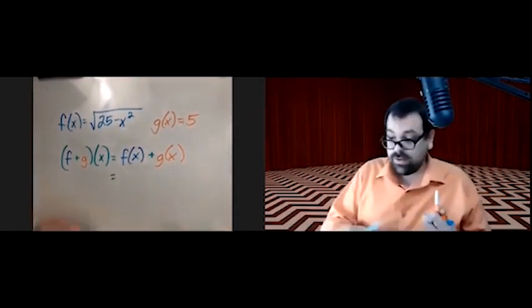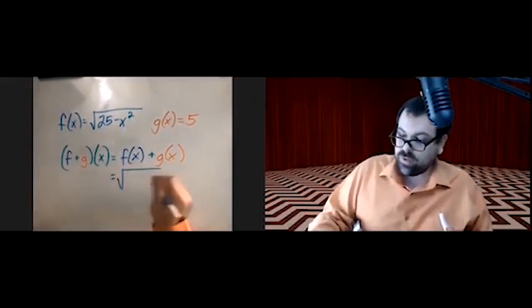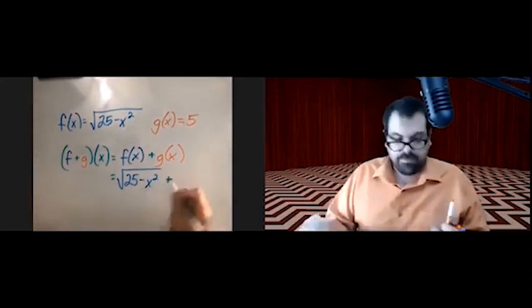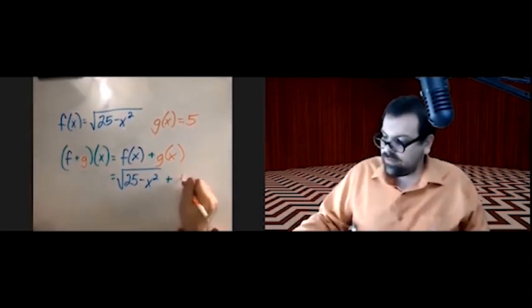It would be the square root of 25 minus x squared plus 5.